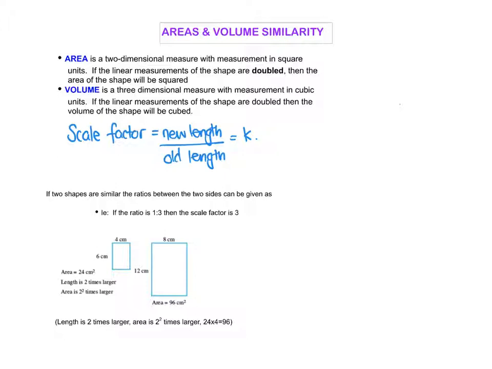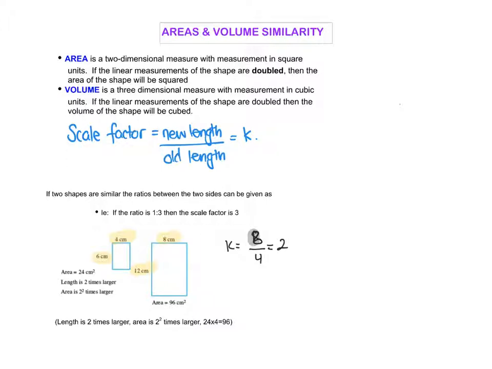All right, so take this rectangle here. We've got a rectangle that's 4 by 6. Then you look here and the scale has gone to 8 by 12. If we were looking at the scale factor, the new length is 8 and the original length was 4, so we've got a scale factor of 2.